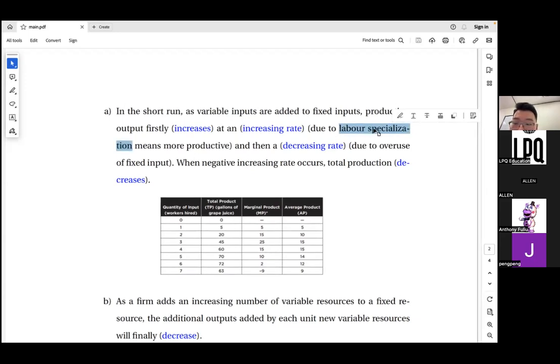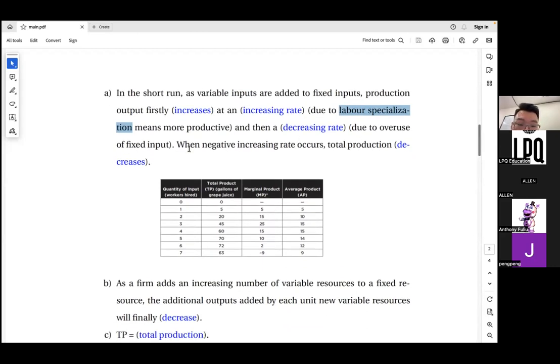What we learned from a food company is that labor specialization can make your production process more and more productive. And then at a decreasing rate, due to 3 coffee makers not being enough for more units of labor hired. Finally, the marginal production can even be a negative number. When negative MP occurs, like when -9 occurs here, total production decreases.